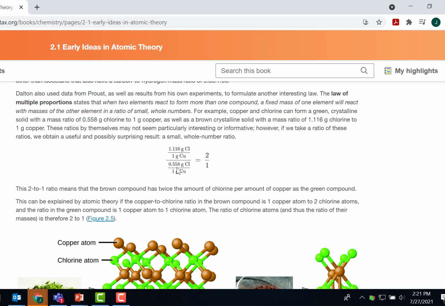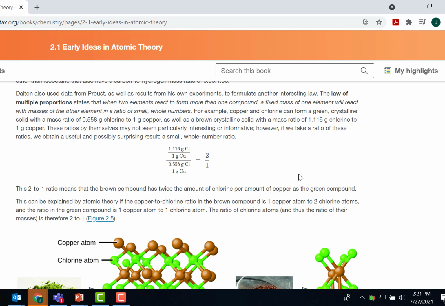And in the other one, you have 0.558 grams of chlorine for every gram of copper. Again, you don't have to remember that. You would be given this sort of information if you needed to know it. But when you divide the 1.116 by 0.558, you get 2. And that seems like, okay, that's maybe important. But what's really important is that happens every single time.